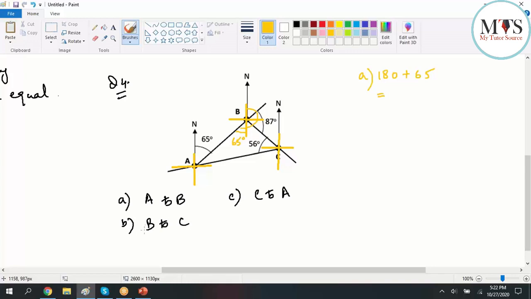Then bearing of C from B. That's going to be this part. So this is 65, this whole is 87.